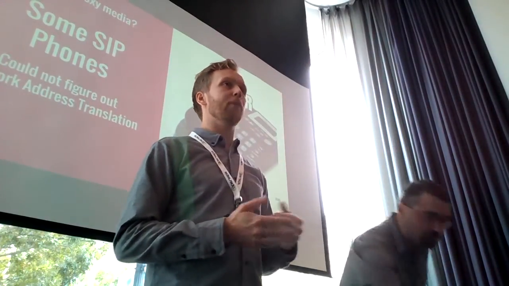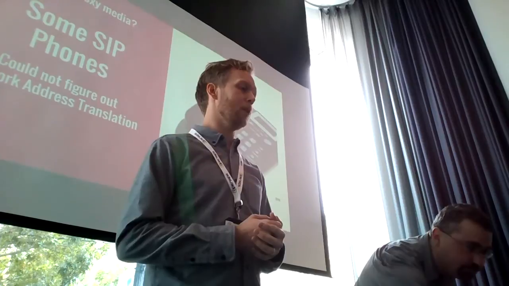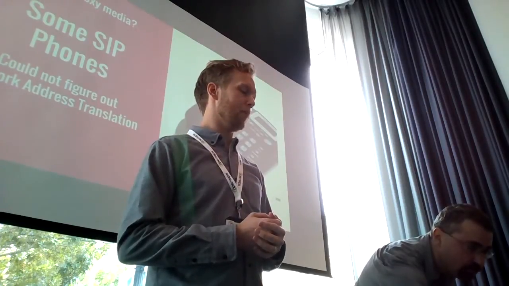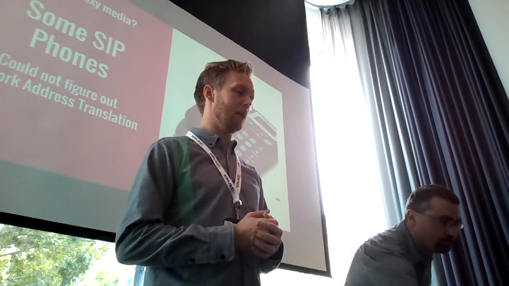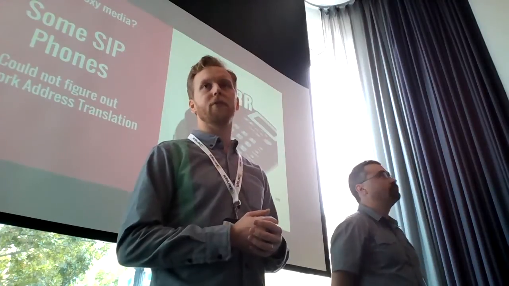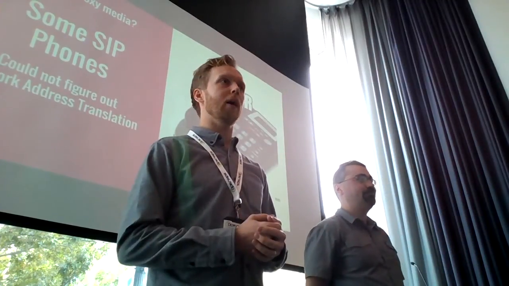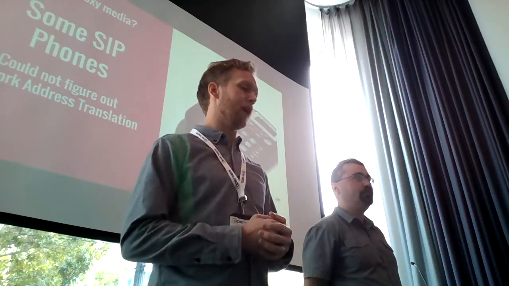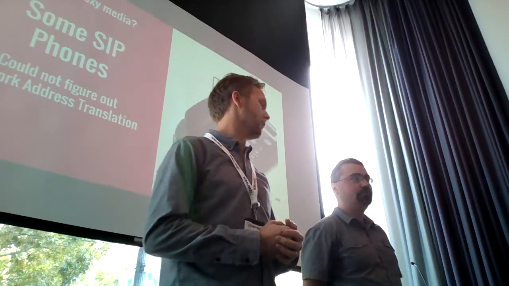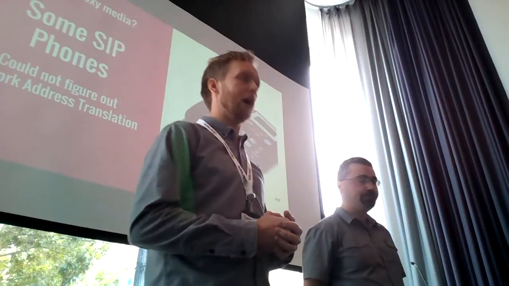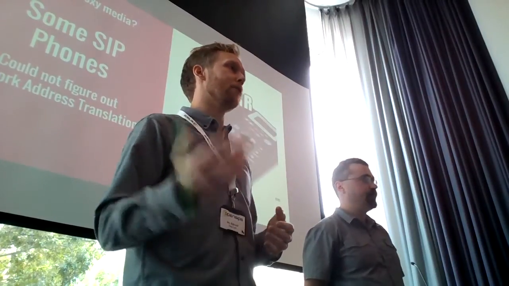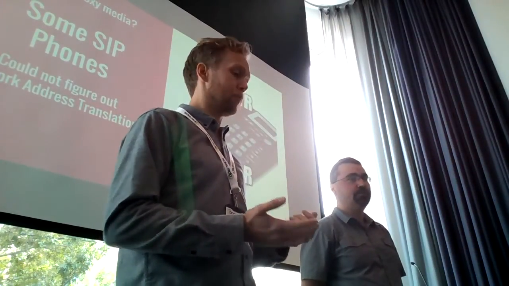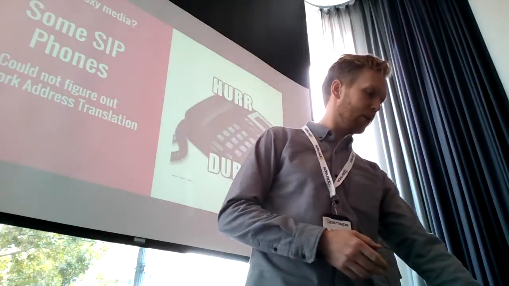So Max started out by writing the NAT helper module for SER, SIP Express Router at the time, and that took care of the SIP protocol side of things, but it didn't address the media side. So that's when, in early 2000, Max started on RTPProxy, which allowed RTP to traverse NAT, which at the time was pretty novel, and it worked out pretty good.